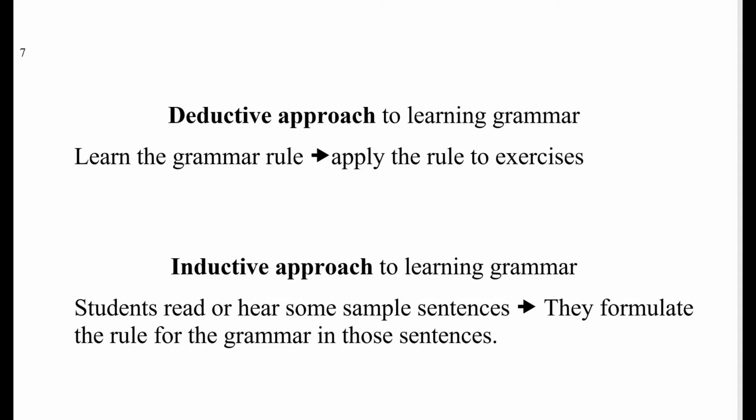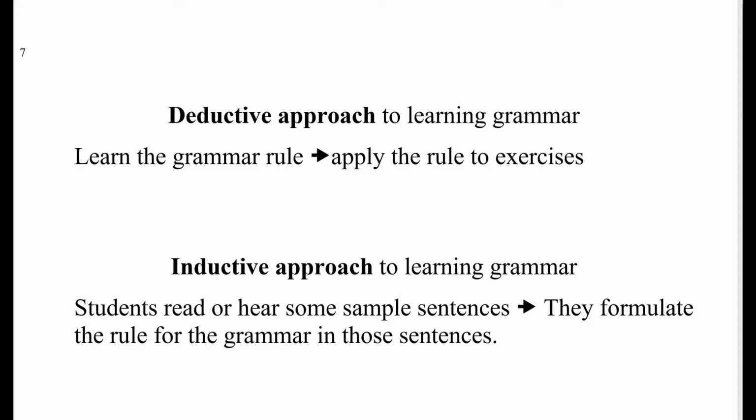In other words, they heard some English spoken or read something, and then they tried to formulate the rule for the grammar in what they heard. After months of studying English grammar through the traditional deductive lessons, Luz became frustrated and embarrassed when she couldn't even identify subjects and verbs in a sentence.